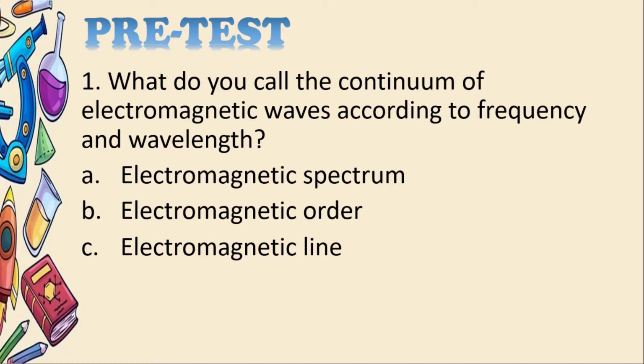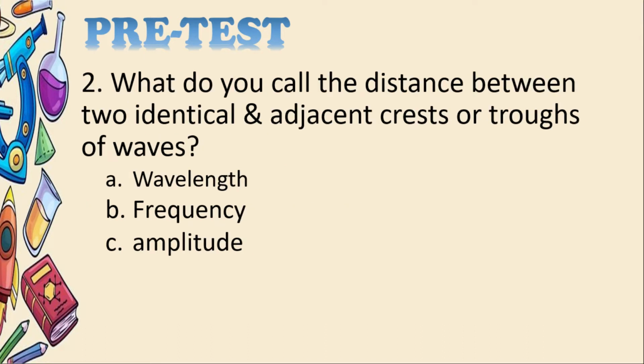A. Electromagnetic spectrum. B. Electromagnetic order. C. Electromagnetic line. 2. What do you call the distance between two identical and adjacent crests or troughs of waves? A. Wavelength. B. Frequency. C. Amplitude.